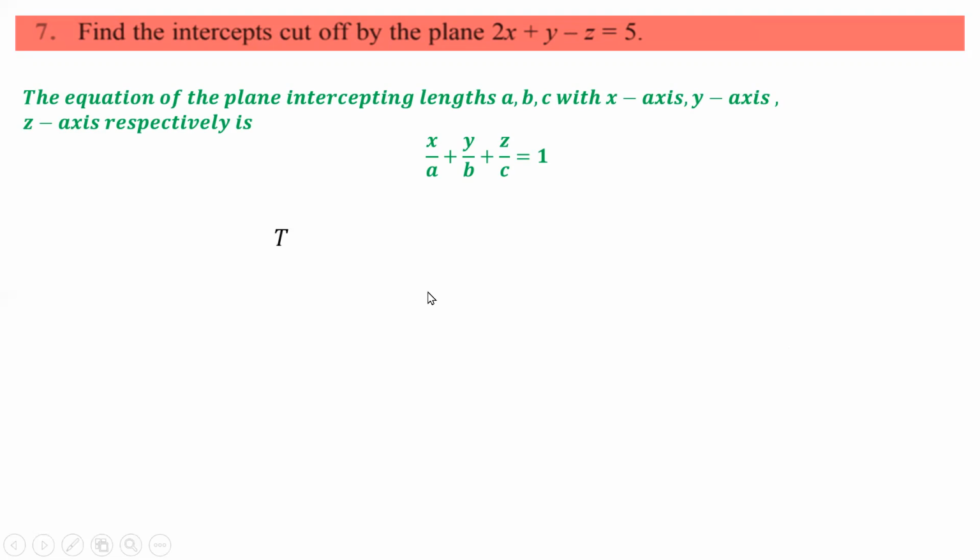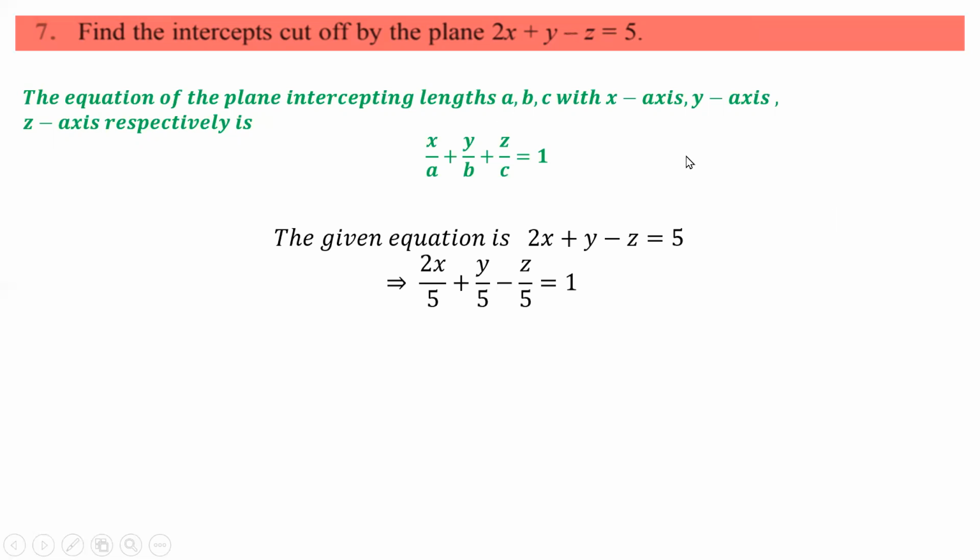Now look at the equation given: 2x plus y minus z equals 5. If we divide the whole equation by 5, what will we get? 2x by 5 plus y by 5 minus z by 5 equals 1. Now just try to form the general intercept form, x by a plus y by b plus z by c equals 1.